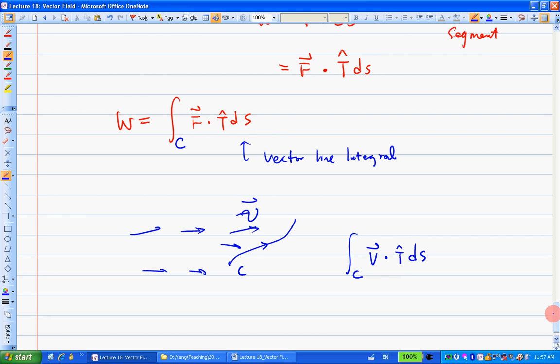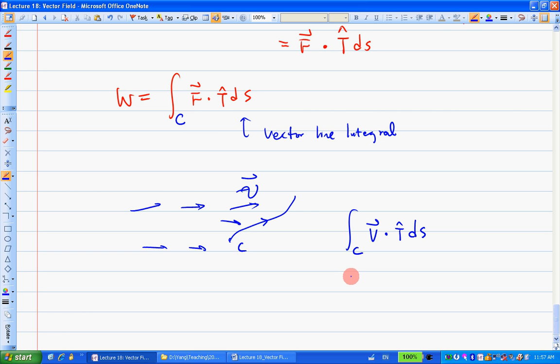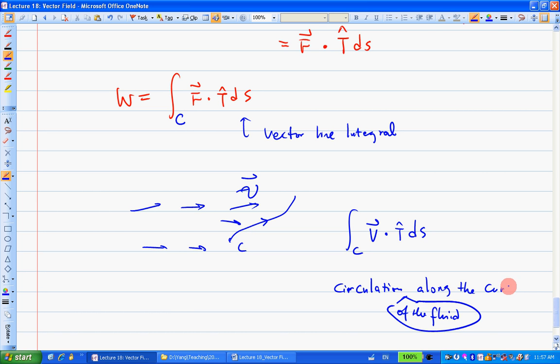When you calculate this one, it's the so-called circulation. This is basically fluid dynamics. This is the circulation of the fluid along the curve.